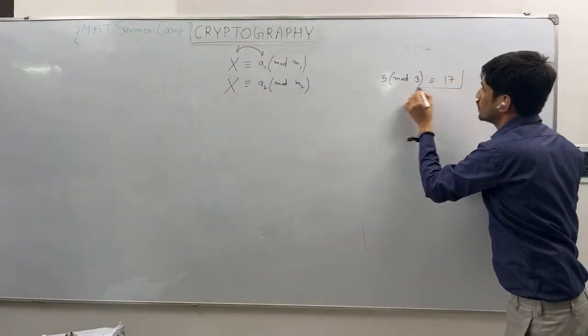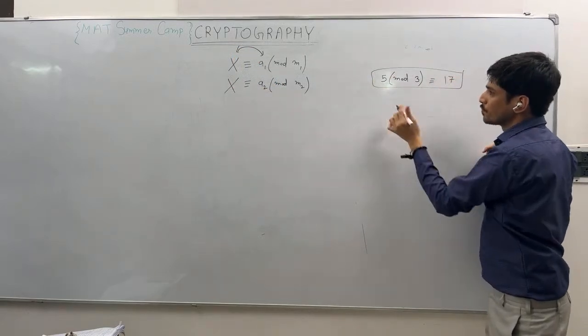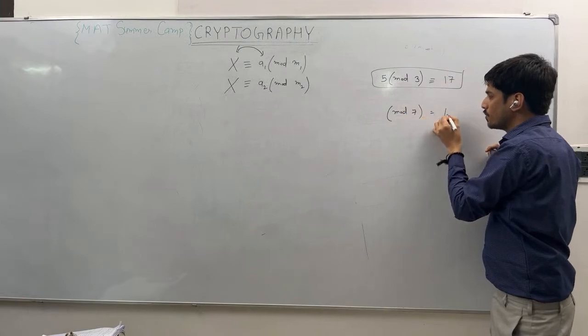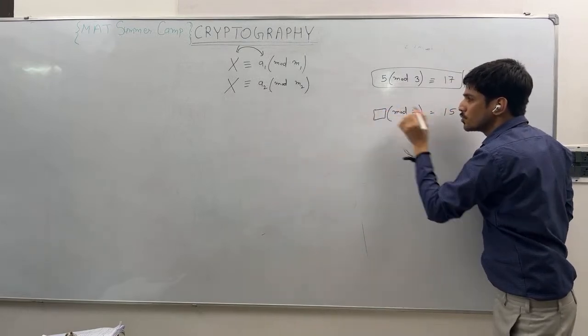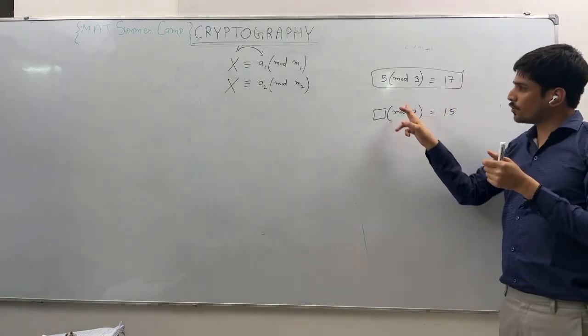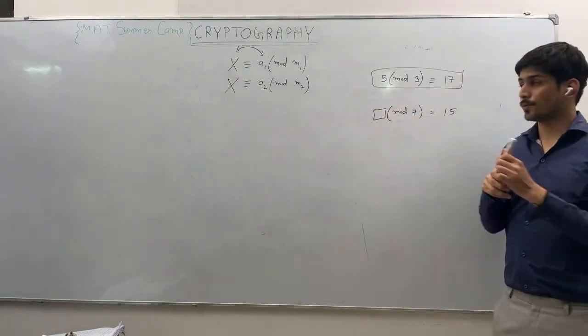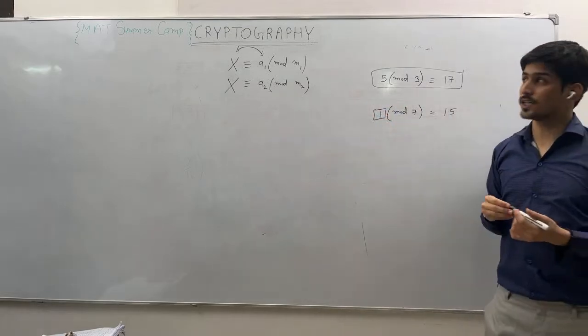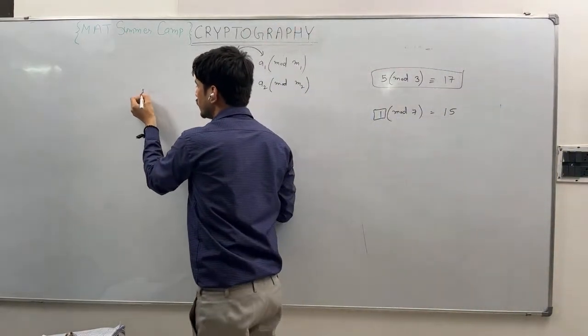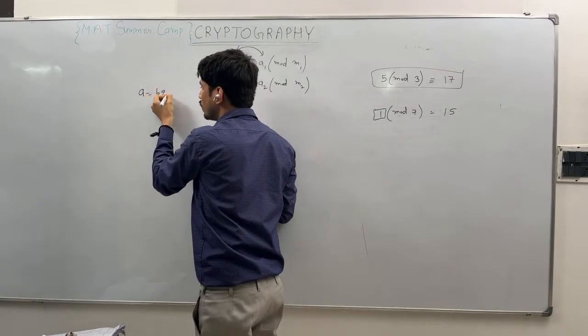So let's say if I am asking mod 7, and I am writing 15, what number should come here? So this time we'll say 15 divided by 7, what will be the remainder? 1. So this one also we can consider. With the mod operator we have some advantage, because here we are writing something like bq plus r.